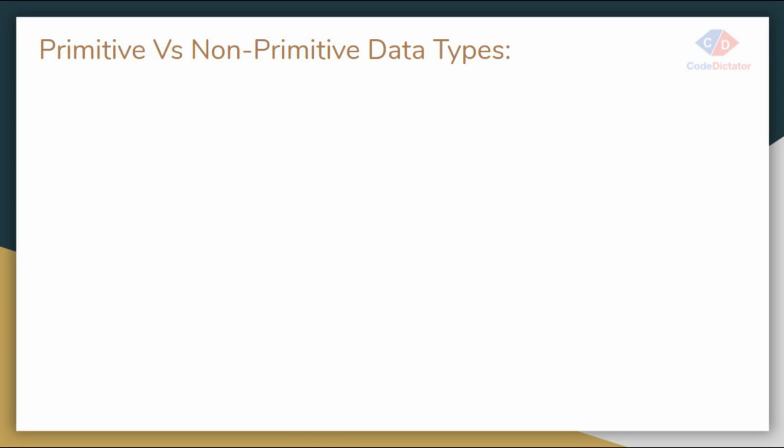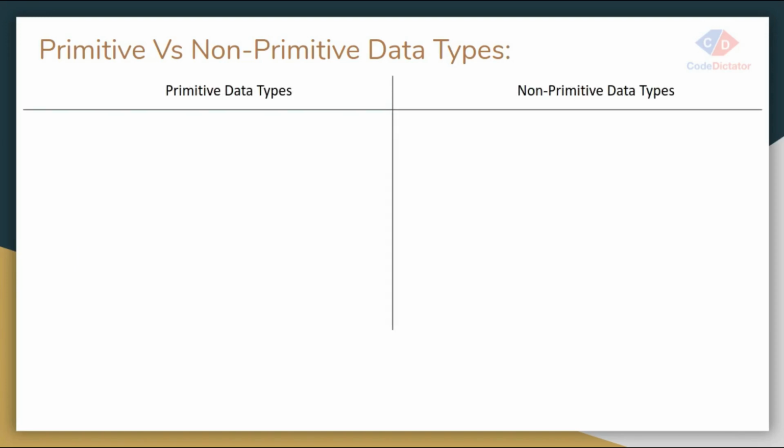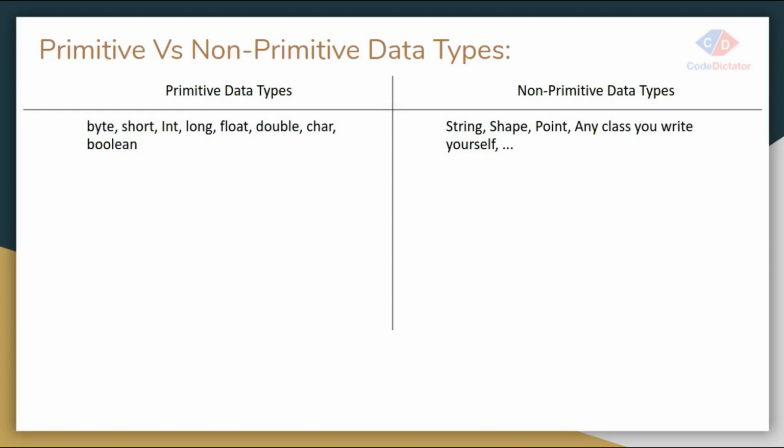So let's understand the difference between both. In Java, primitive data types are byte, short, int, long, float, double, char, boolean, and non-primitive data types are like string, shape, point, or any class you write yourself. Variables with primitive data types store their value directly in the box, whereas a non-primitive data type is everything that is an object type.